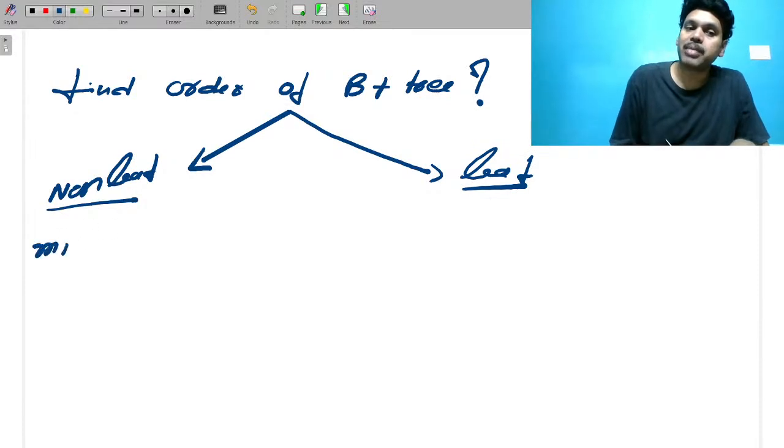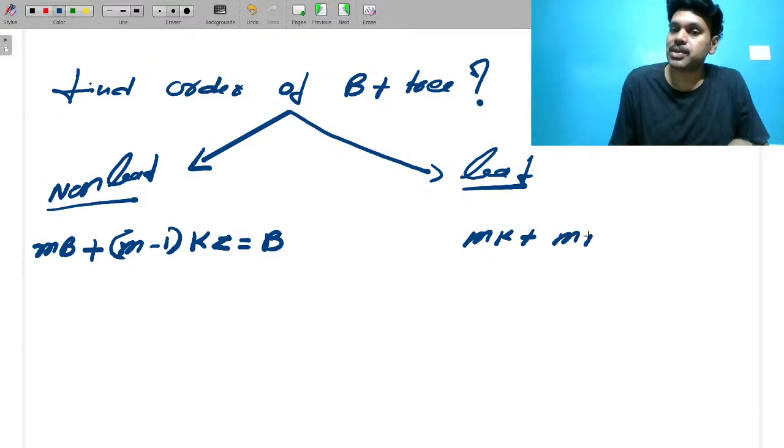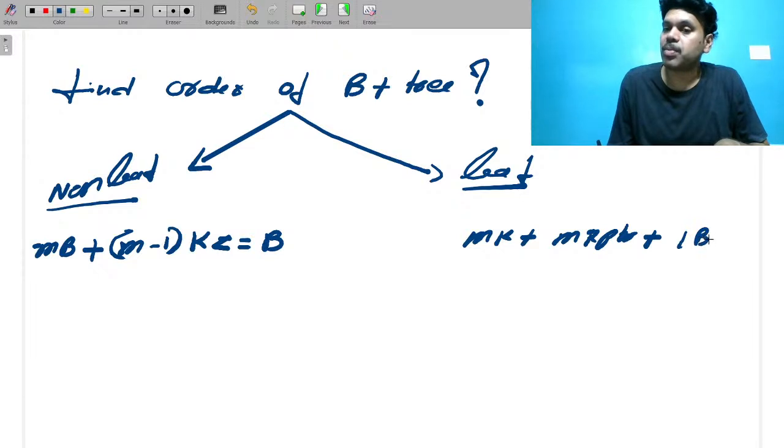Non-leaf node is M block pointers plus M minus 1 keys, lesser than or equal to your block. Leaf node is M keys plus M record pointers plus one block pointer in your block.